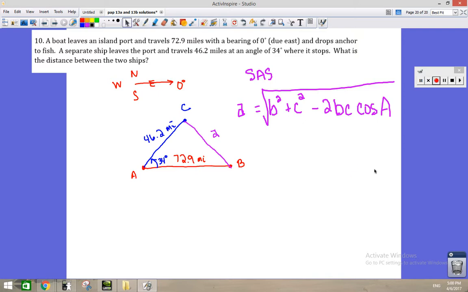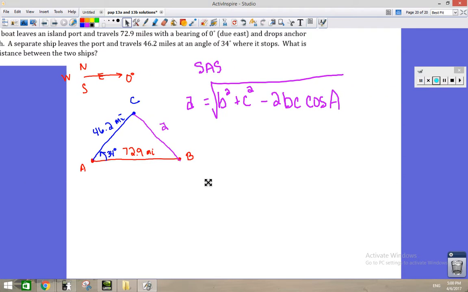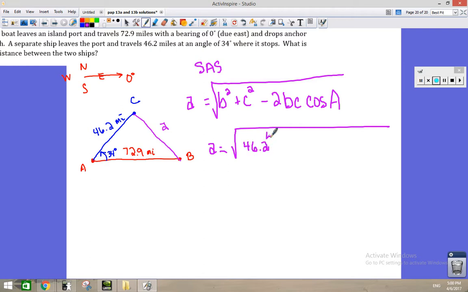All right, so let's scoot this over a little bit. Let's substitute in our known values. What we're calling the length b, it was 46.2. Don't forget to square. It's hard to write. This length c, it was 72.9. It was the first boat that left.